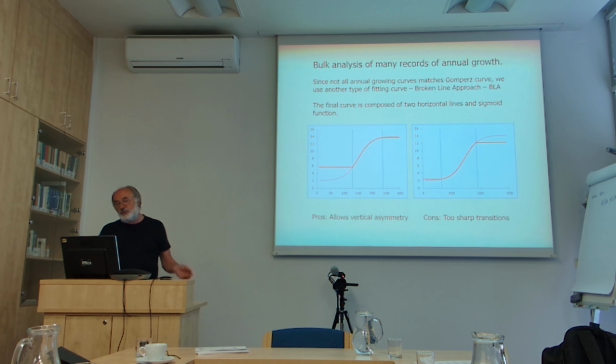So after a lot of attempts, we found that instead of smooth curve, we can use something which we call broken line, which is composed of two horizontal lines and a simple logistic part, which has some advantage.